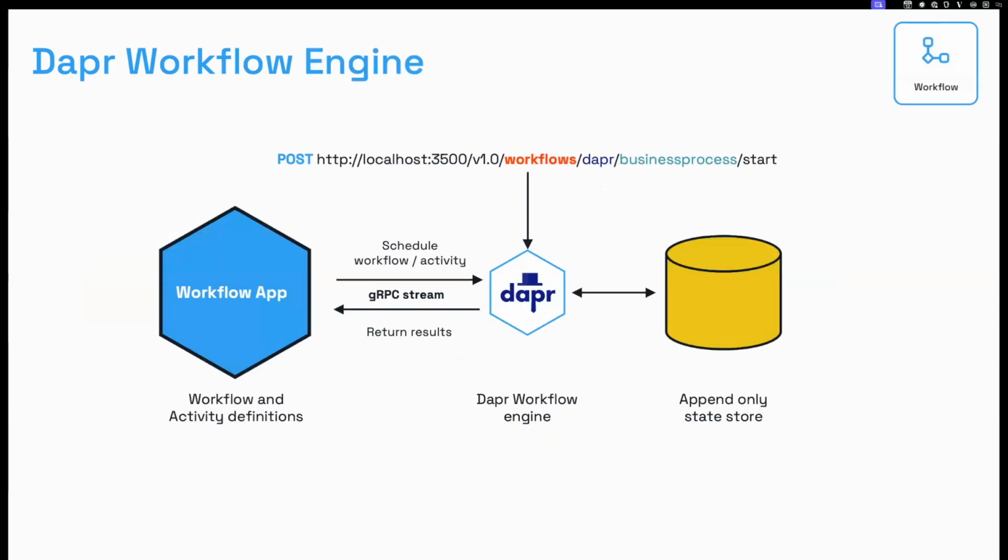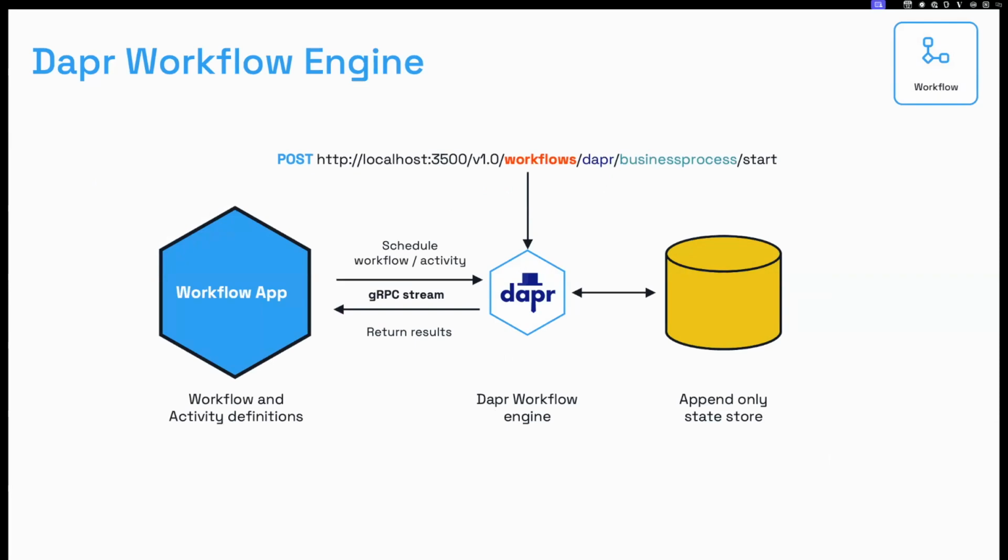So this is what the Dapr workflow engine looks like from a technical perspective. You have your application, which hosts the workflow definition and all of the activities, which will be doing computation and processing as part of the business logic. And when your workflow application starts up, that workflow SDK is going to establish a bidirectional gRPC stream to the Dapr sidecar. Then you can invoke a series of workflow APIs to manage those workflows, right?